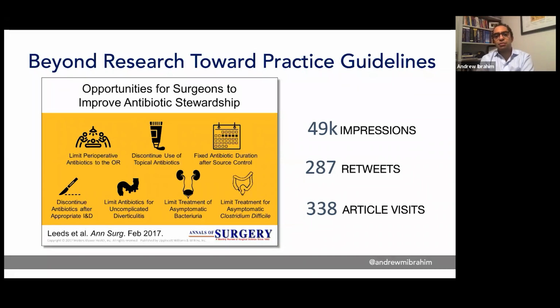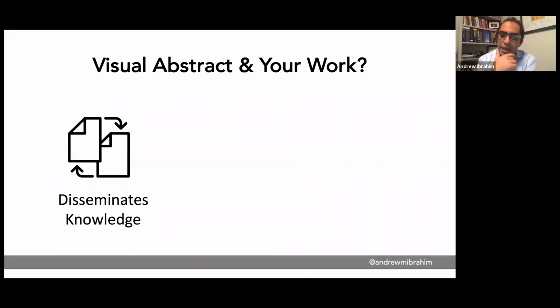I got messages from people afterwards, and they said, wouldn't it be great to print this visual abstract out and put it up at the workstations in the hospital or where clinical providers are sitting, almost as a visual intervention for improving clinical practice. Pretty powerful, huh?